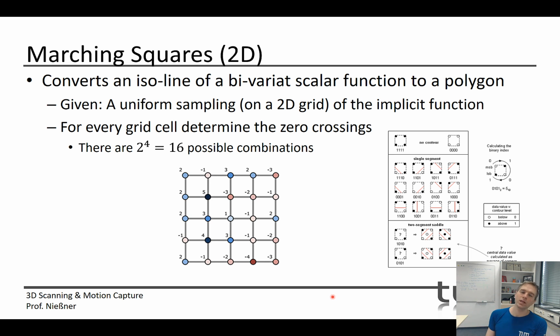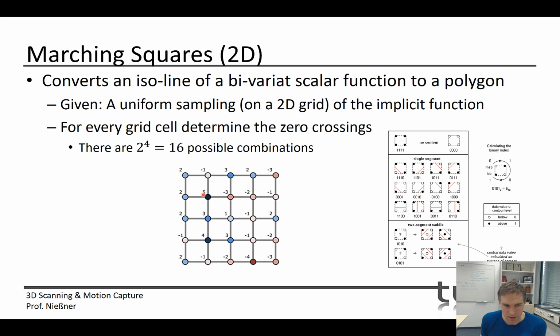So now what can you do here? Now what you do is, for every cell here, you're checking these cells. You're gonna check if there's a zero crossing, right? So if I'm looking at this cell here, I have some values that are negative and I have some values that are positive.